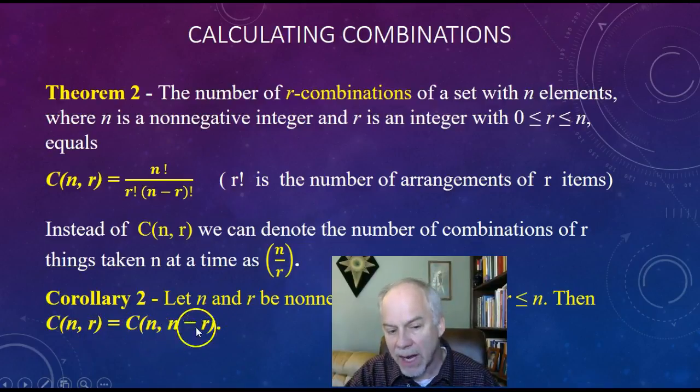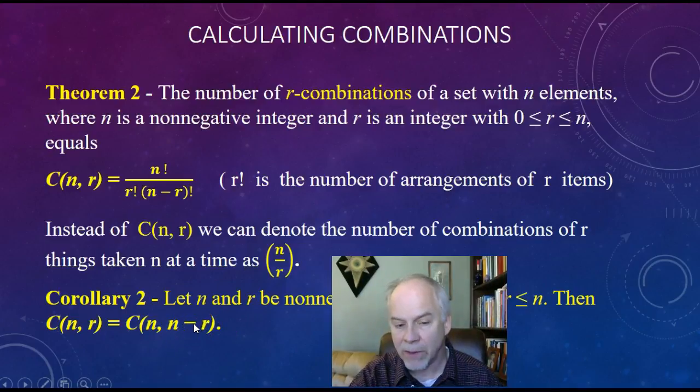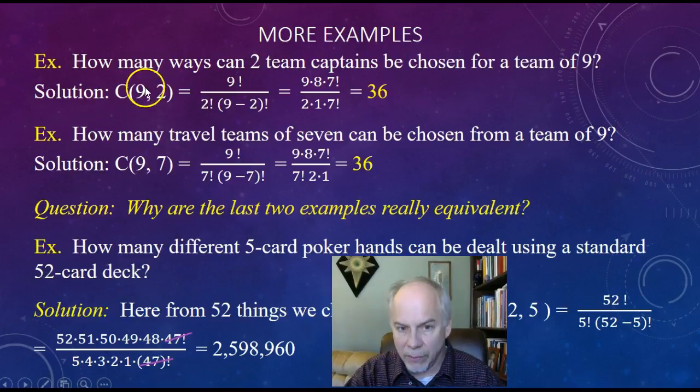So that would be like the 9 minus 2, which is the same as 7. So we got the same result when we did C(9, 2) and when we did C(9, 7). And that'll be the case all the time: you get the same result if your second number is n minus r compared to the first number, r.